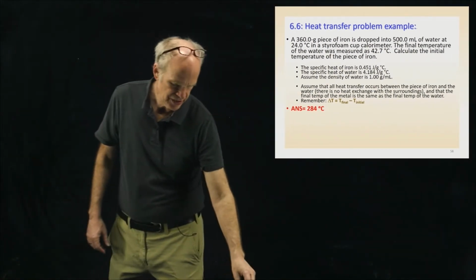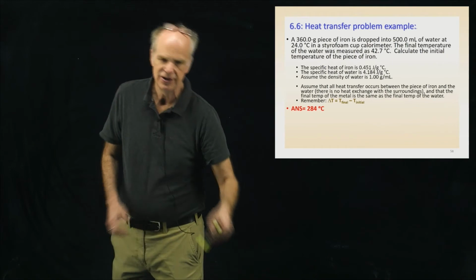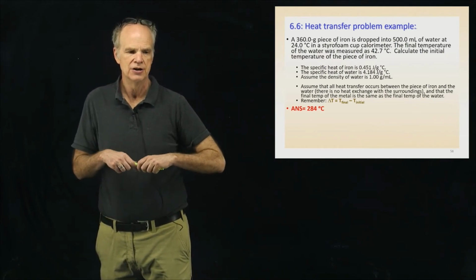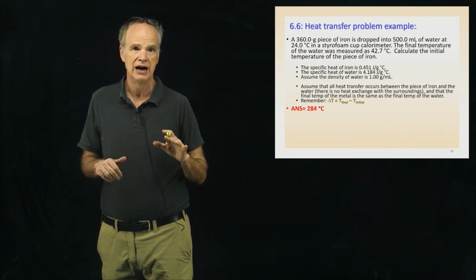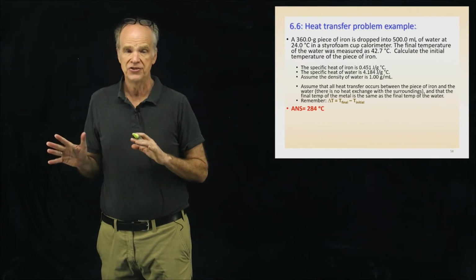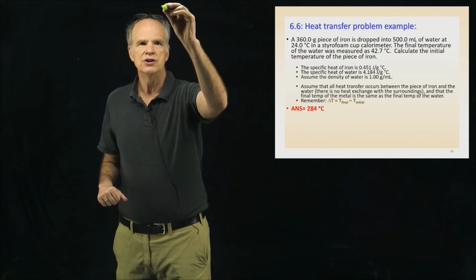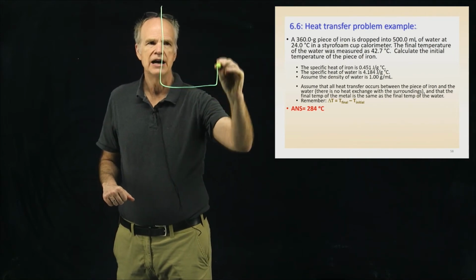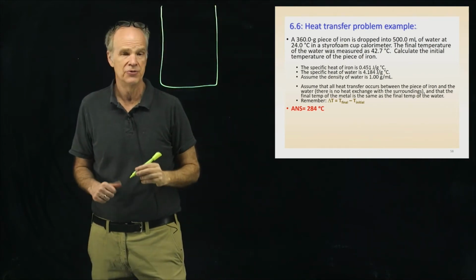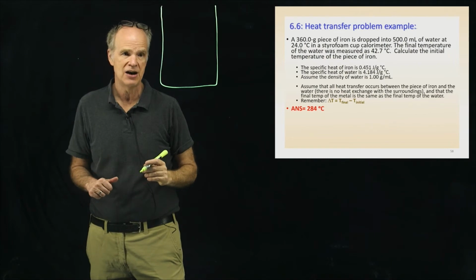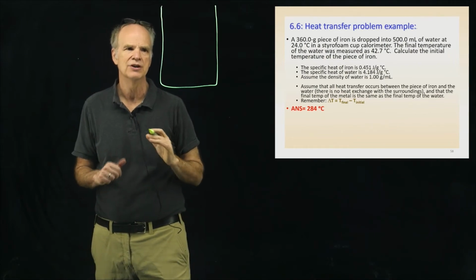What usually helps me out is drawing a picture of what is going on, and then I'll write out some equations that could help us. So here we have some kind of container. They're saying in this problem it's a coffee cup calorimeter, but that's not really so important.